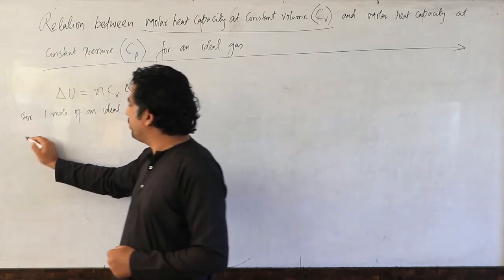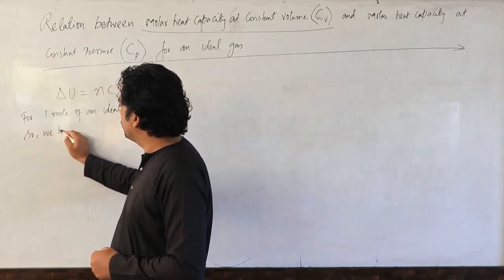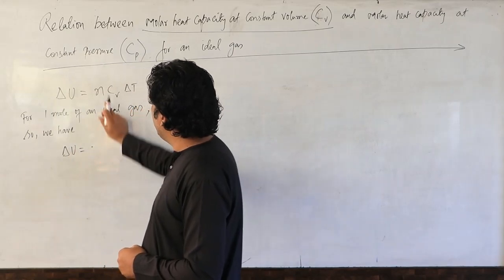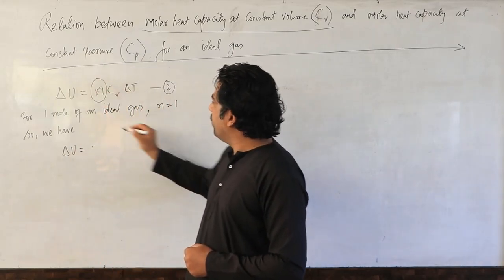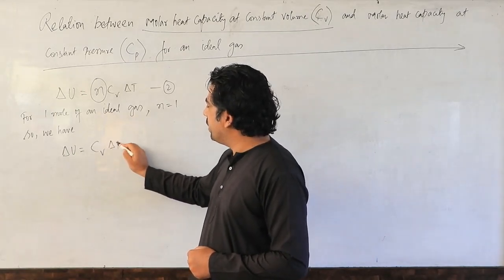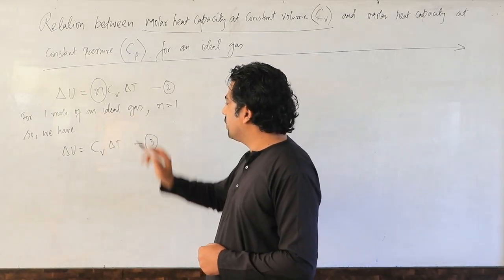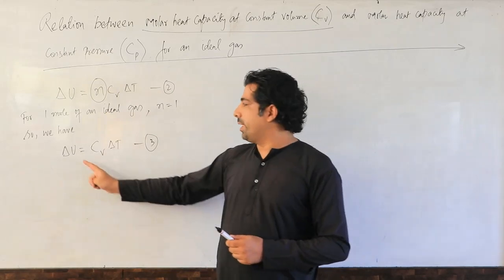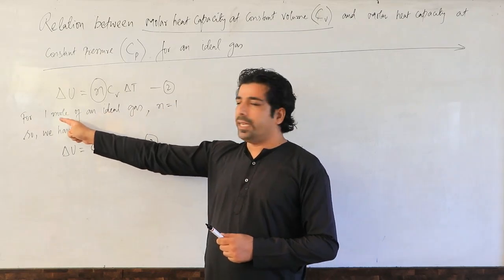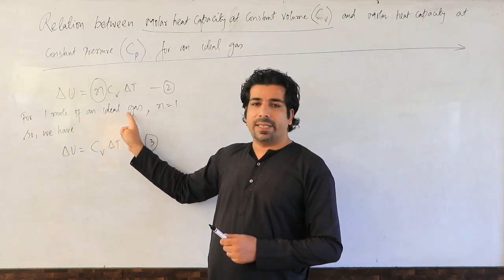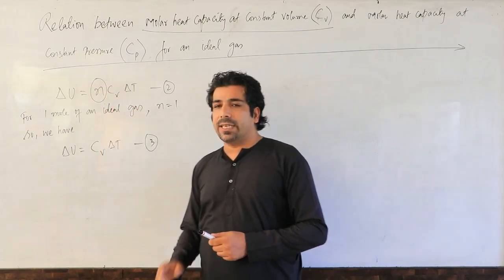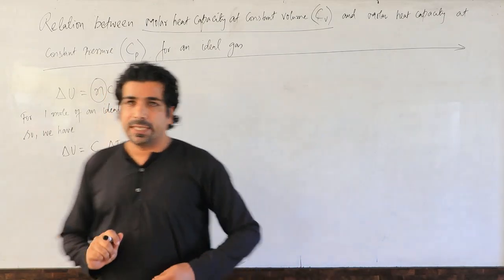So delta U is equal to, in place of N, I will write down 1 now. So it will become CV delta T, my dear friends. This is the final expression, because N value is equal to 1, because we are writing it for 1 mole of an ideal gas. Finally I will get delta U is equal to CV delta T.